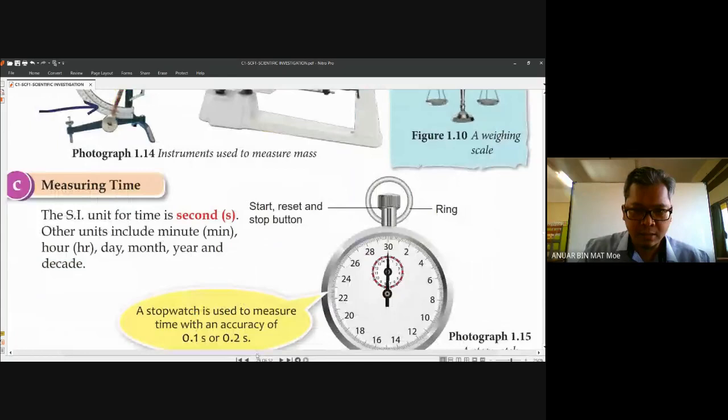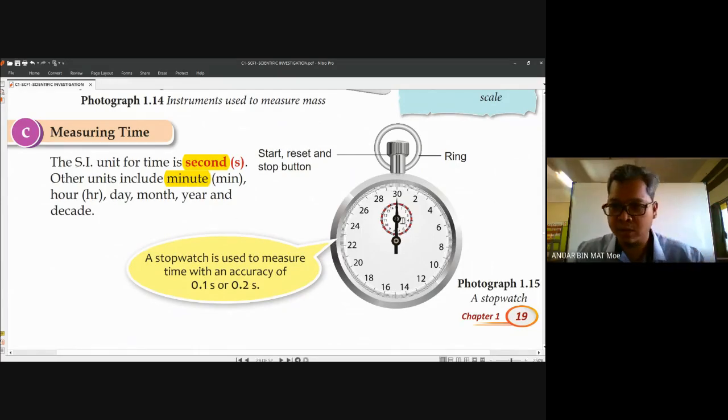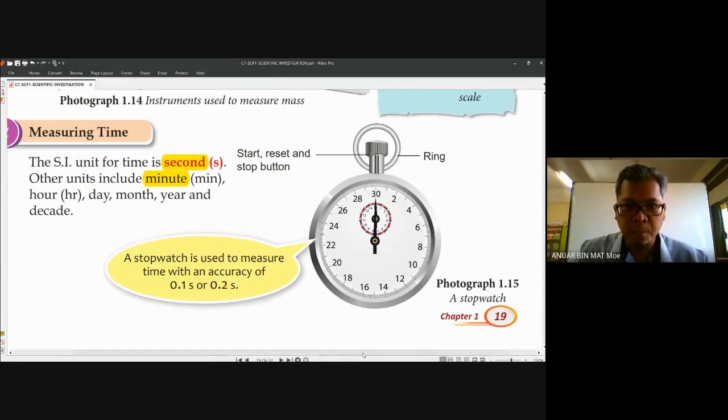Okay, next one. Next one is we want to measure the time. The unit is second, and then also you remember the other conversion to minute, hour, and days. This one I will not go through, you already know about it. So what is the measuring instrument for time? We call it a stopwatch.